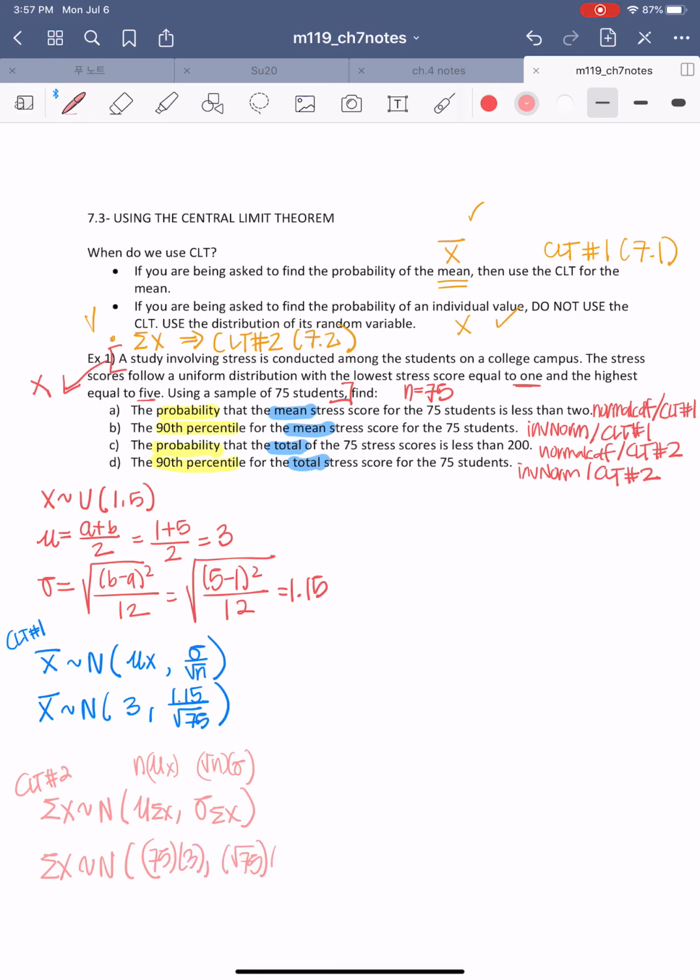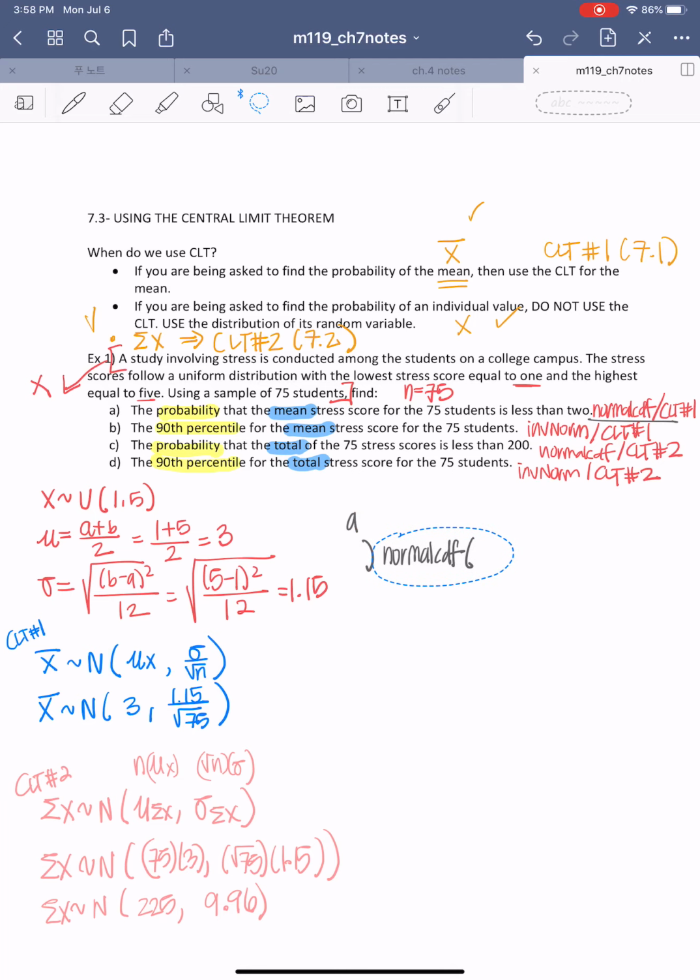All right, let's begin. Part A. We have all those ready, normal CDF, 4 numbers. We are looking for the probability that the mean test score X bar is less than 2.